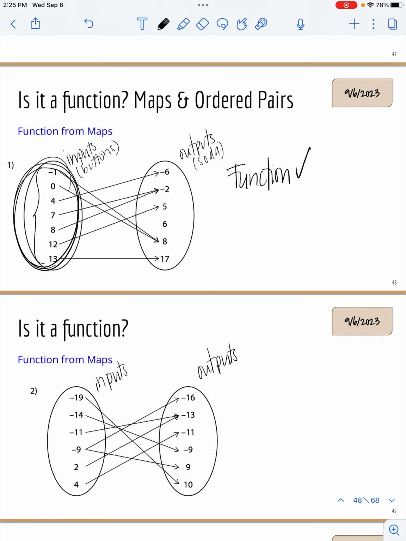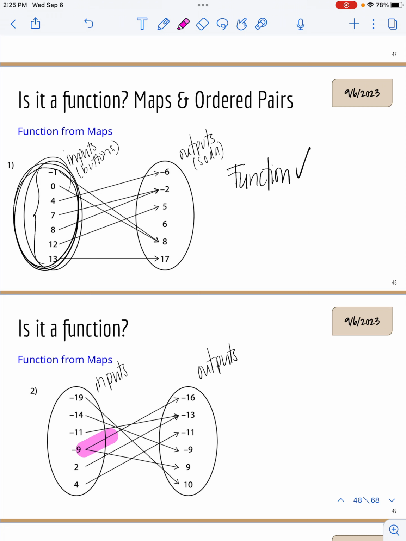So I have to check that each number here goes to exactly one thing. If it goes to two things, then it's not a function. So let me check. -19 goes just to 10. -14 goes to -9. -11 goes to -13. But look at -9. -9 goes to -16 and 9.